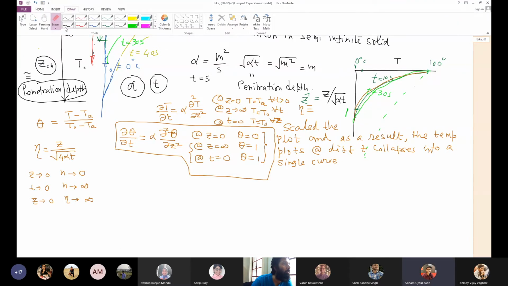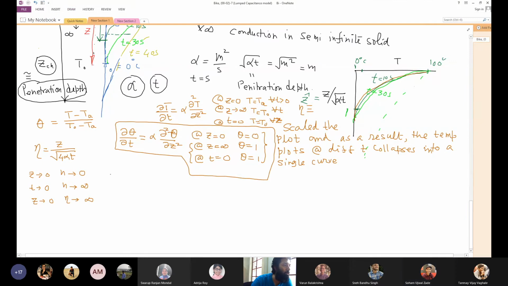Sir, can you explain the third boundary? Yeah, just hold on. I'll repeat this because a lot of things are going very fast here.